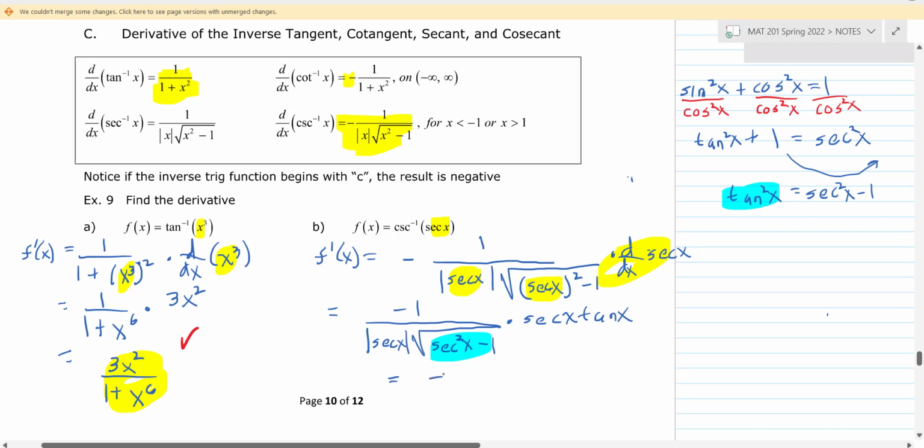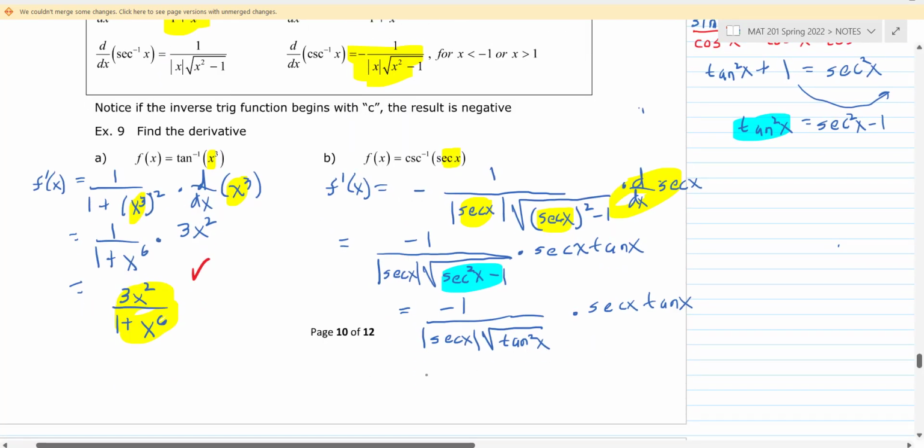Okay, so now we have negative 1 over the absolute value of secant x, and this will be replaced with the square root of tangent squared x, and then we have times the secant x tangent x. Now on a tangent function, if you square any value, it's going to give you a positive number.